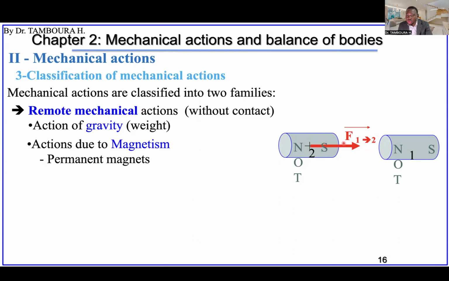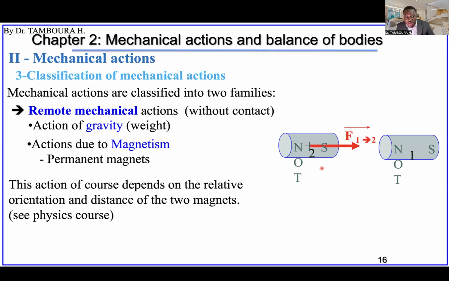You can see this force. This is the force of magnet number 1 on magnet number 2. So this action, of course, depends on the relative distance and the relative orientation of these two magnets, right? This is just a class of high school physics.